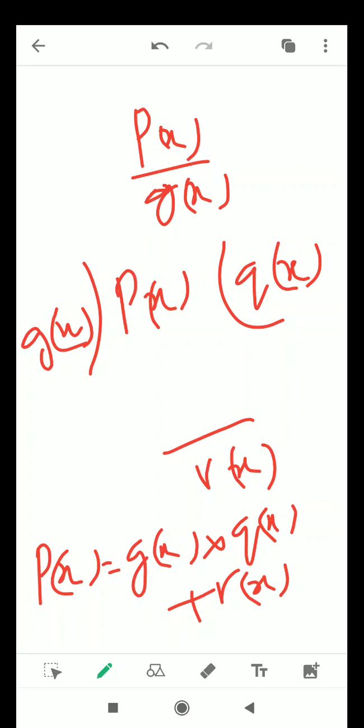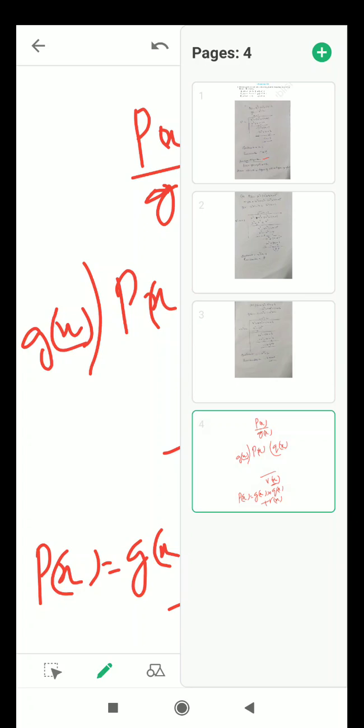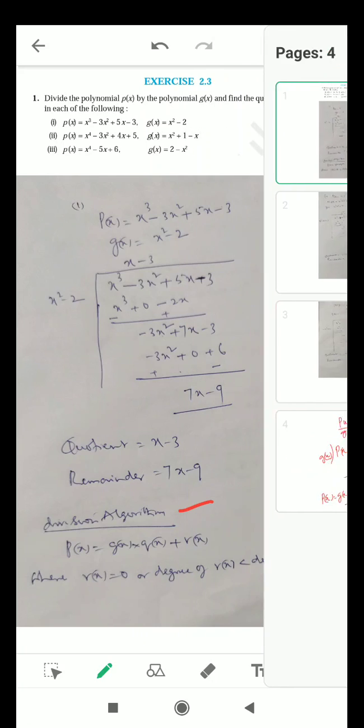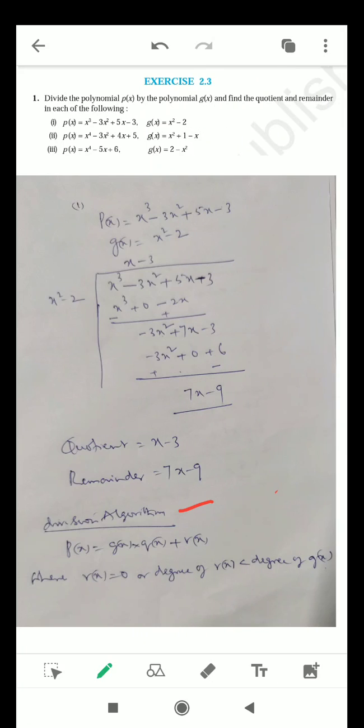So here, g of x into q of x plus r of x, this remainder will always have degree less than g of x. Or the remainder r of x can be 0.